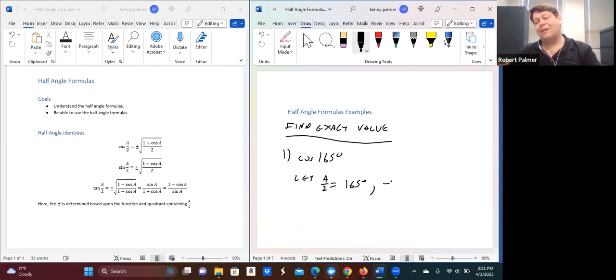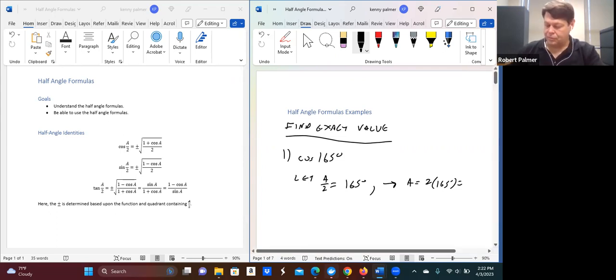And then we want to find the angle A, so multiply that by 2. So 2 times 165, and I believe that is 330 degrees. Check that on your own. Right, it is 330 degrees.